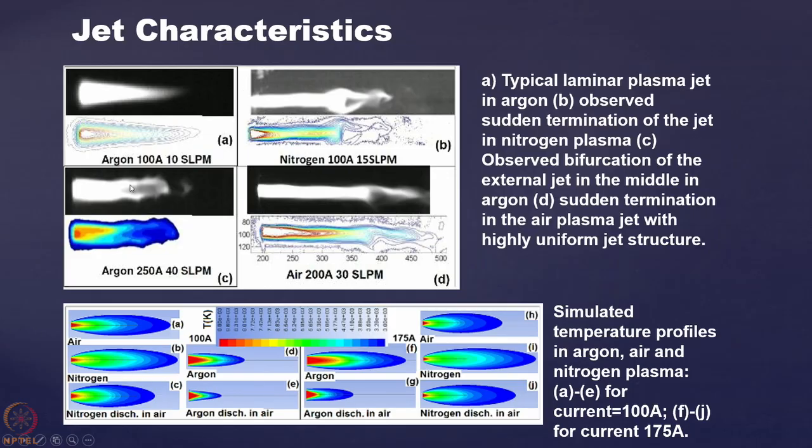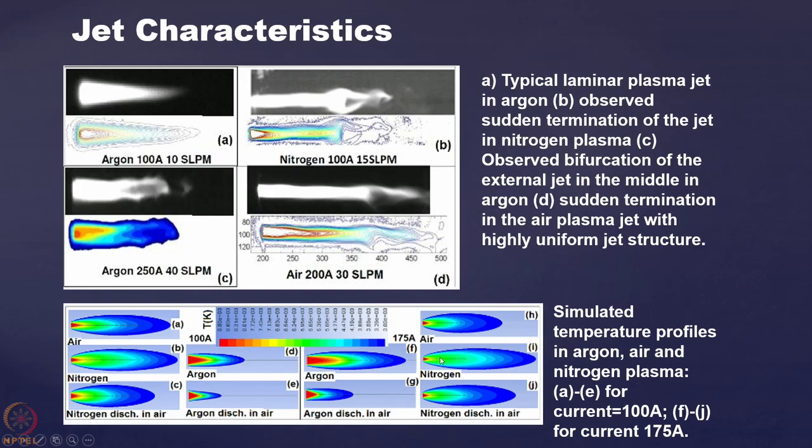Here what we are seeing is that the gas that is being used to form the plasma definitely has some influence. For example, argon naturally gives a smaller jet, and air and nitrogen naturally give a very long jet.